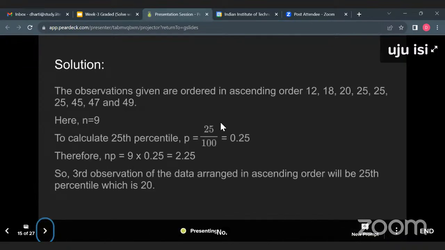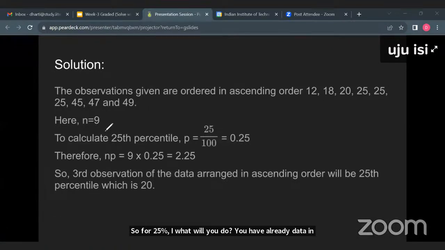So for the 25th percentile, what will you do? You already have the data in ascending order. How many data points are there? You can calculate, right? 9 data points. So here n is 9. For the 25th percentile, you find 9 into 25 divided by 100, which is 9 into 0.25, that gives 2.25.